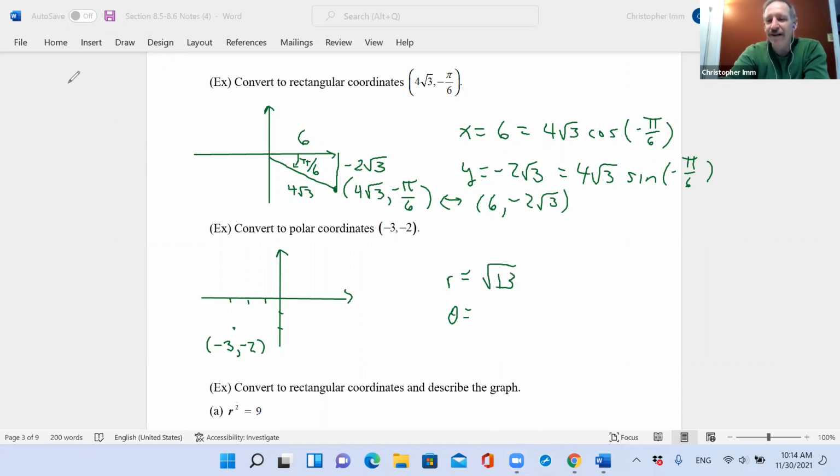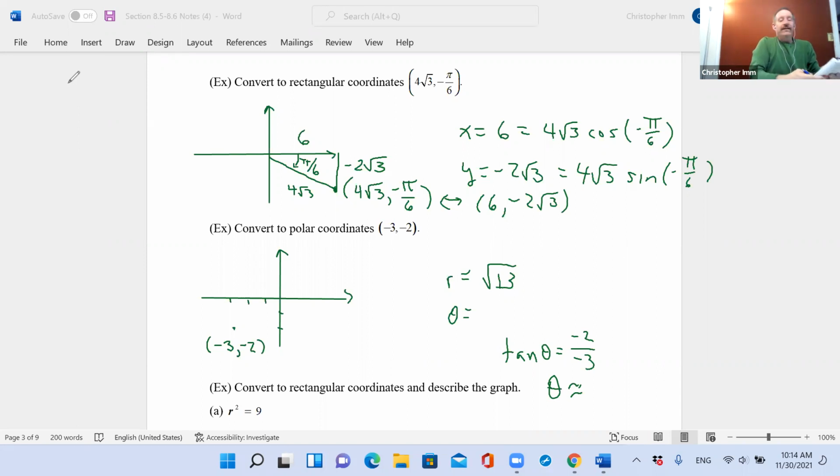So we just use our good friend, the Pythagorean theorem. For theta, I used tangent of theta was equal to -2 over -3. So that's really going to give me a positive tangent. So when I take inverse tangent, I got approximately, I think what you all got, 30, I didn't write it down. Let me see.